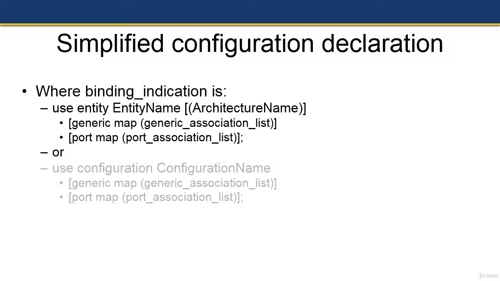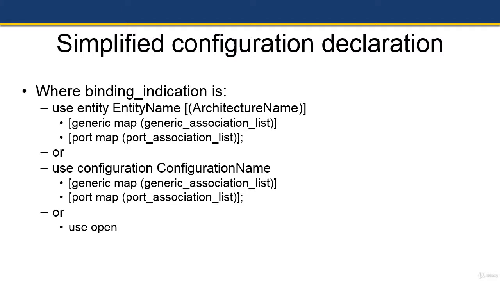Where binding indication can be one of 3 things: use entity name, with an optional architecture to bind that specific architecture to the entity, or use configuration name with the association lists, or use open.